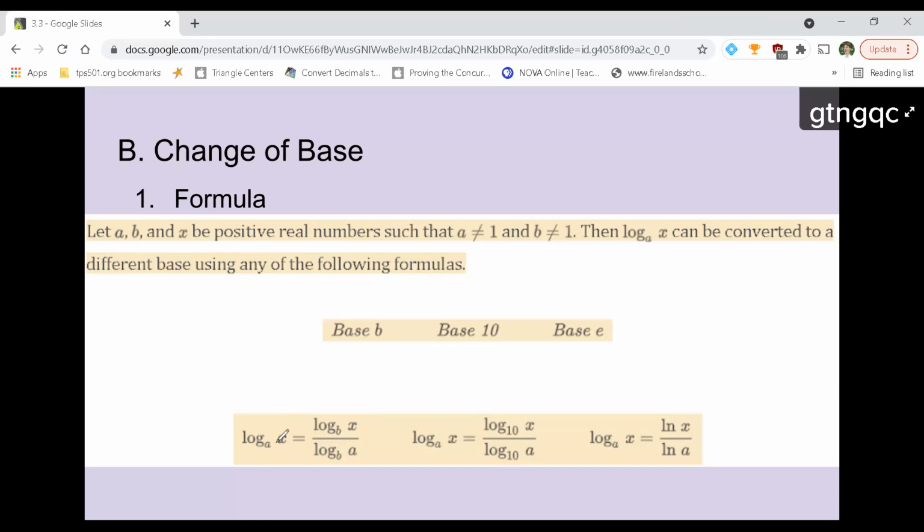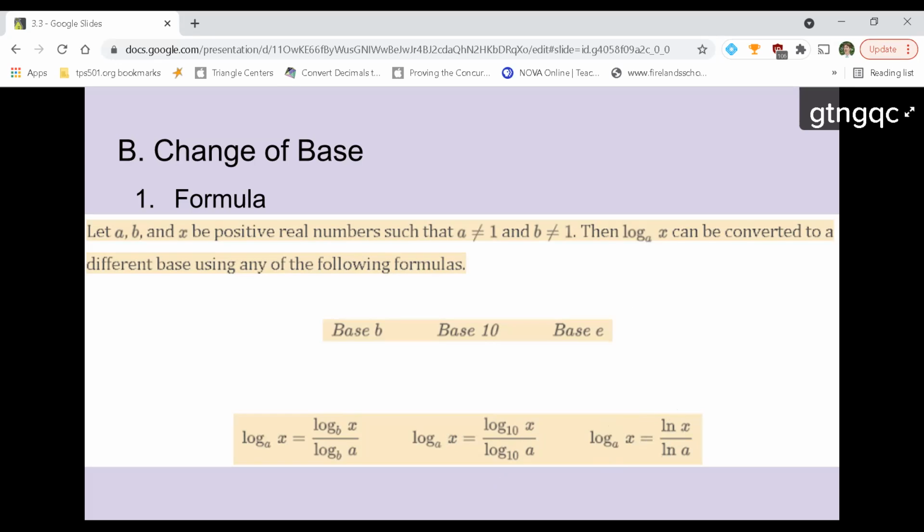The most common use for changing bases is to get it into base 10 and base e, because those are the ones your calculator can do really quickly because it's got the buttons for base 10 and base e on the front of your calculator. In which case you just do log of the value divided by log of the base, or the natural log of your value divided by the natural log of your base. We did that yesterday or Monday.